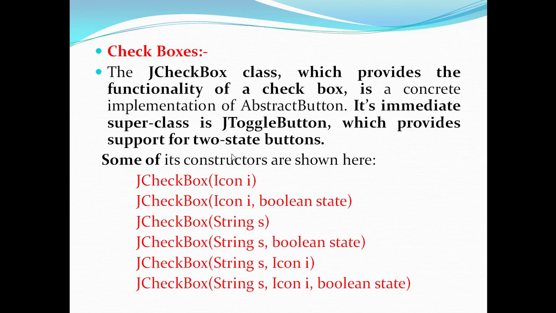Next, JCheckBox(String s), the third constructor. The string is shown for the checkbox. JCheckBox(String s, boolean state). JCheckBox(String s, Icon i). JCheckBox(String s, Icon i, boolean state). Like this there are six constructors for the checkbox class.